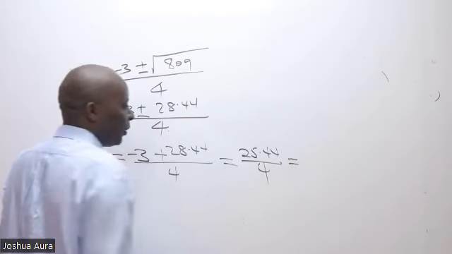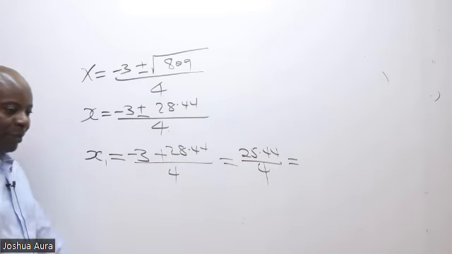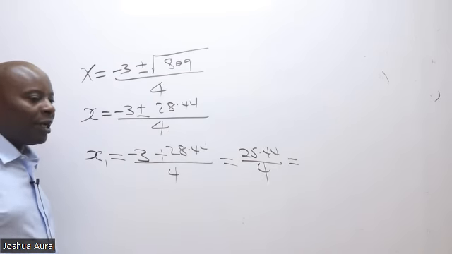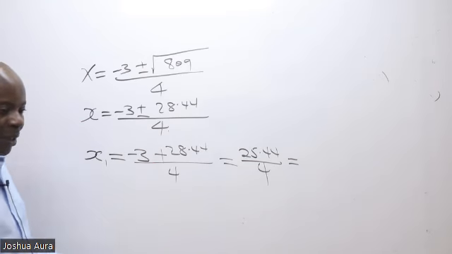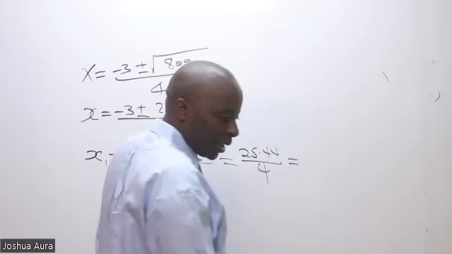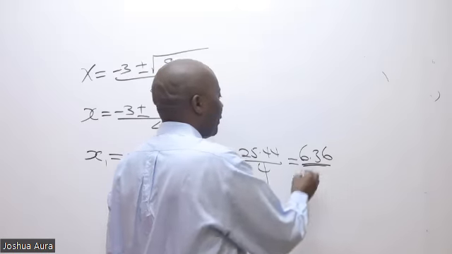So what figure does 25.44 all over 4 give? They're telling me it is 6.36.